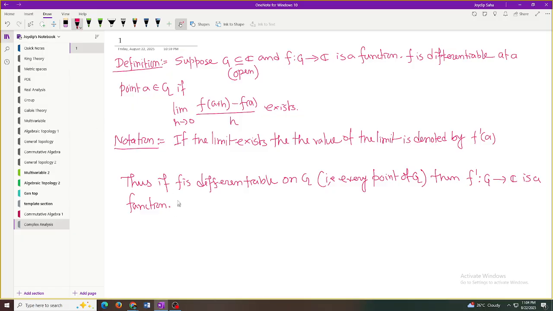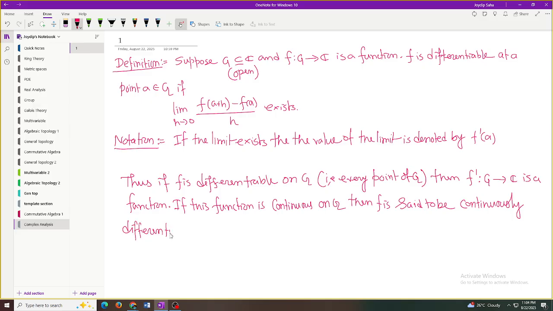If this function f dash is continuous on G, then f is said to be continuously differentiable on G.